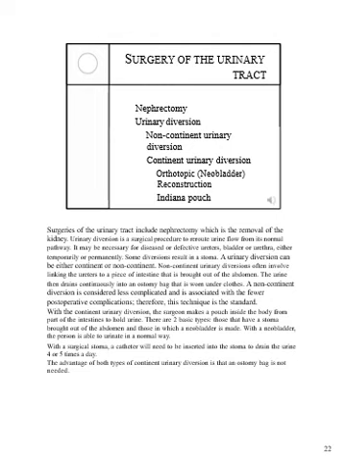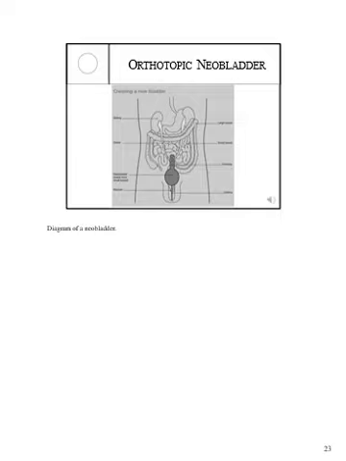With a surgical stoma, a catheter will need to be inserted into the stoma to drain the urine 4 to 5 times a day. The advantage of both types of continent urinary diversion is that an ostomy bag is not needed. Diagram of a neobladder.